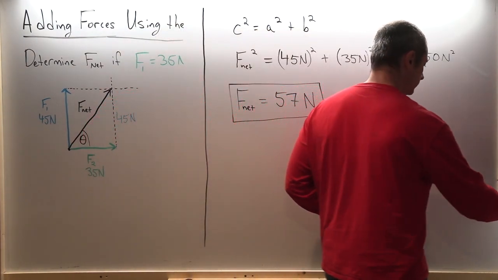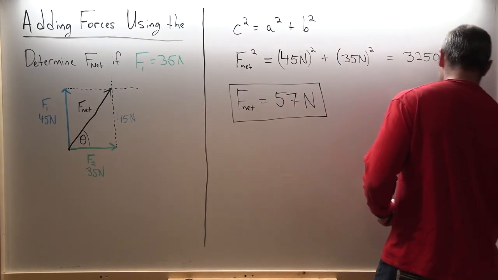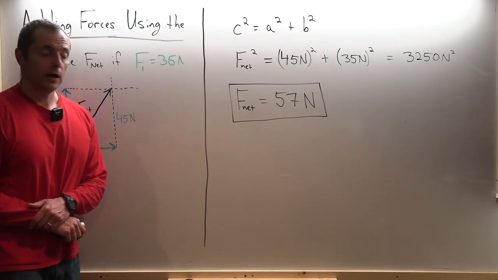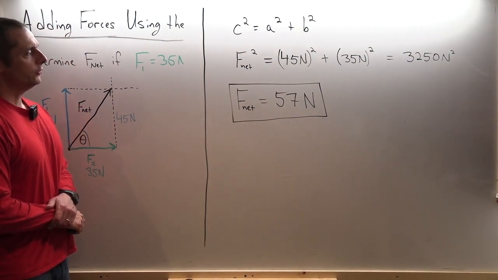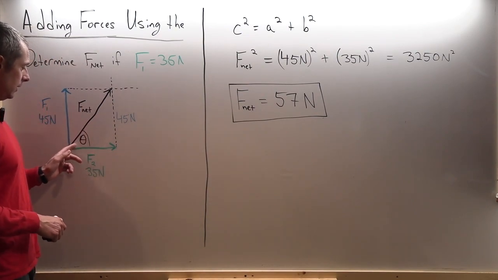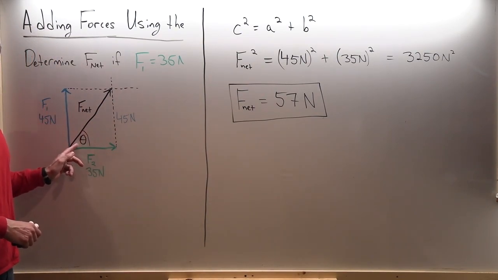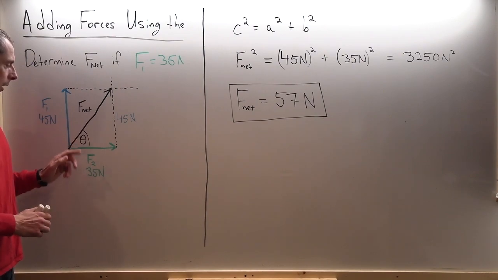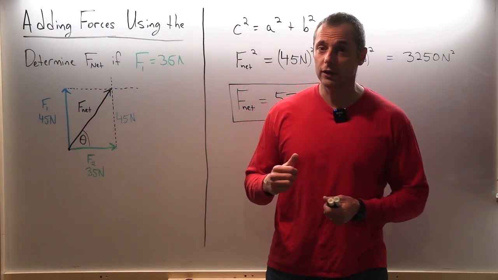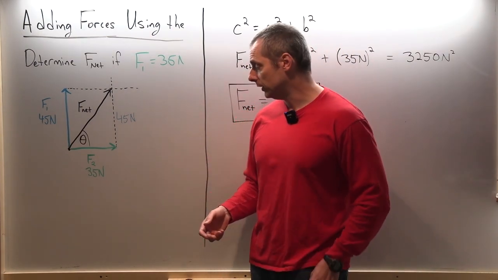Okay. Now, the net force, as all forces, also requires a direction. So we'll find that direction by finding this angle. Now, finding angles from the sides, you're going to be using either sine, cosine, or tangent functions.